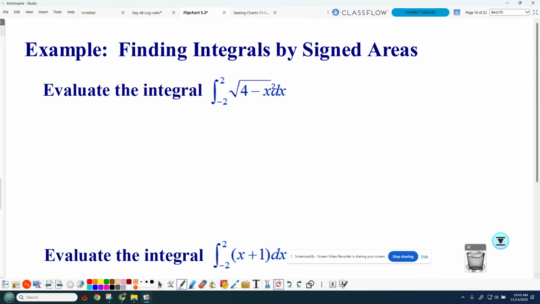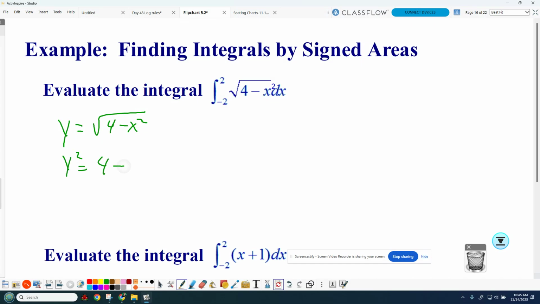Split it into, let's say, 4 separate rectangles. Well, what does the graph look like? I can find the answer to this exactly. Semicircle. How do you know that? It's a square under a square root. Well, it's different if it's x squared minus 4.